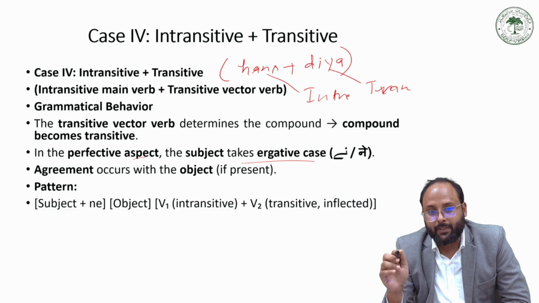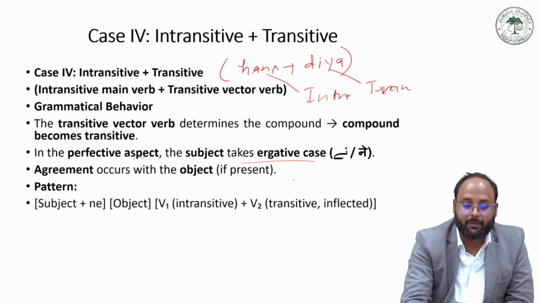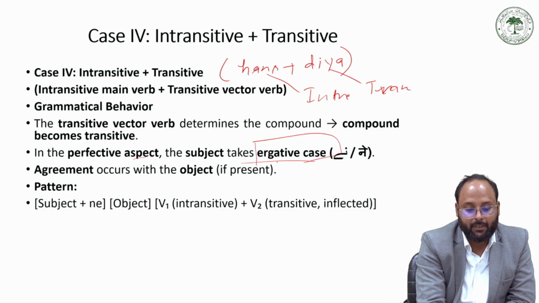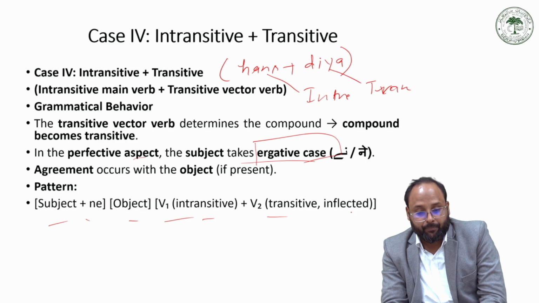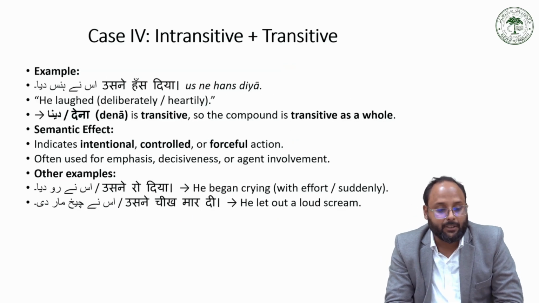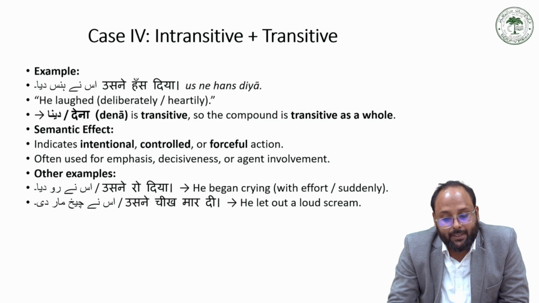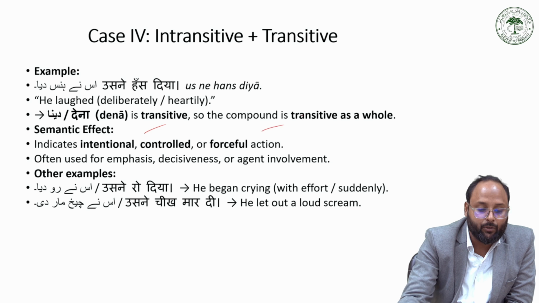The verb agrees with the object, not the subject, because the subject is blocked with the ergative case ne. So that is the pattern: subject plus ne, direct object, V1 intransitive and V2 transitive, which is inflected. Like the example उसने हंस दिया. Dena is transitive, so the compound is transitive as a whole, and the semantics are intention, control and force.